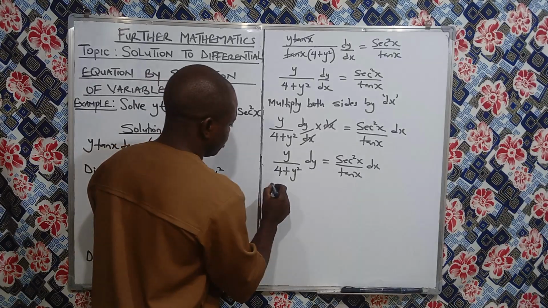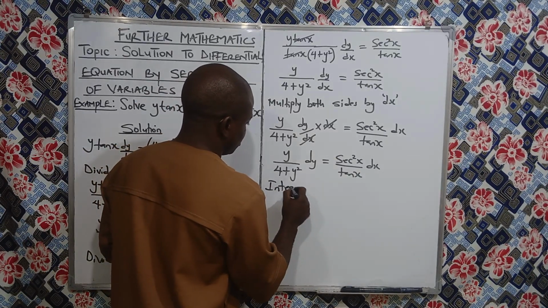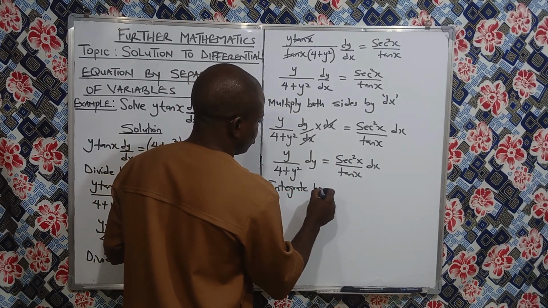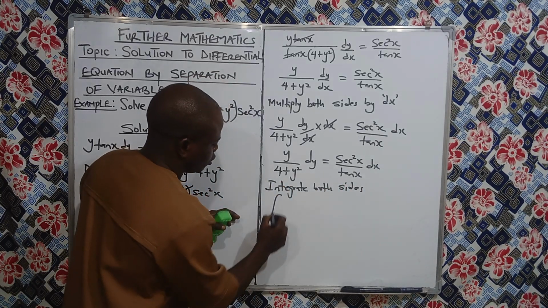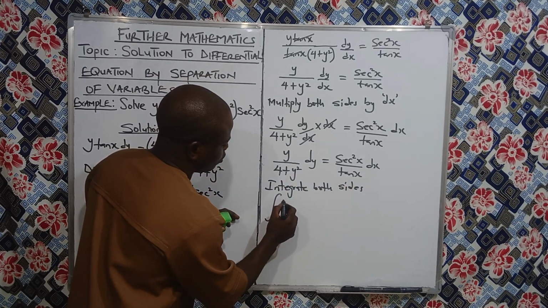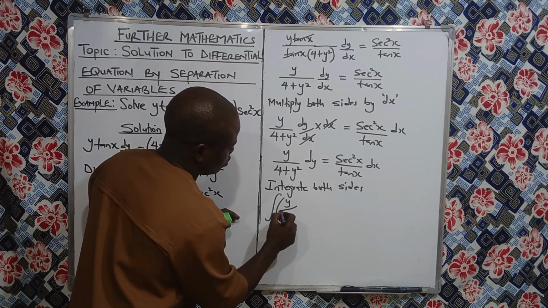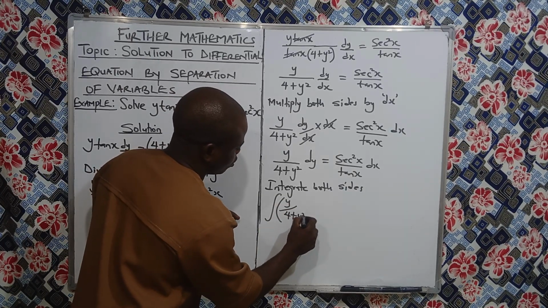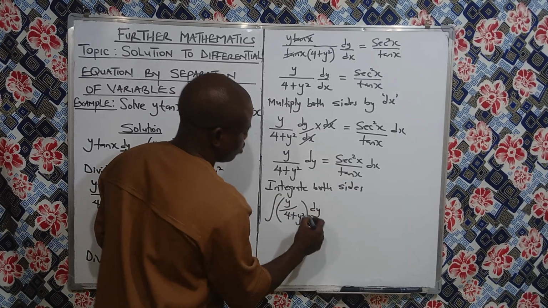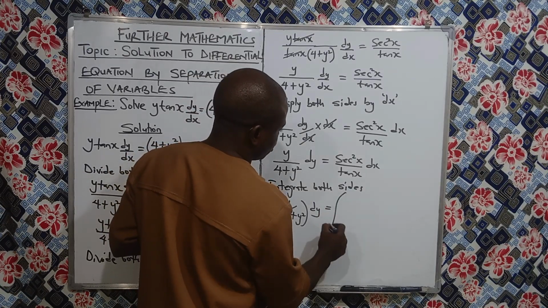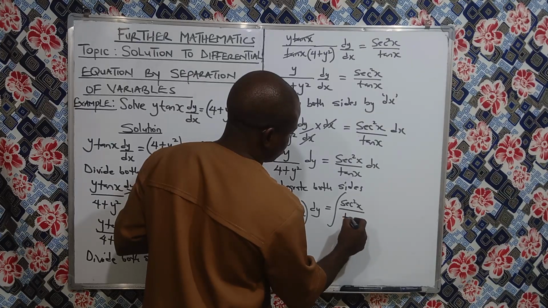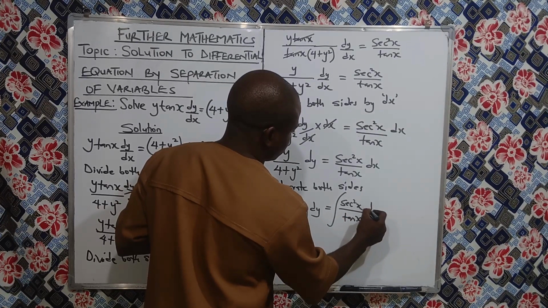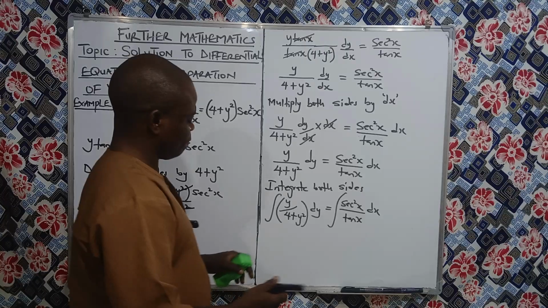Now you can integrate both sides. Integral of y over 4 plus y squared dy equals integral of sec squared x over tan x dx.